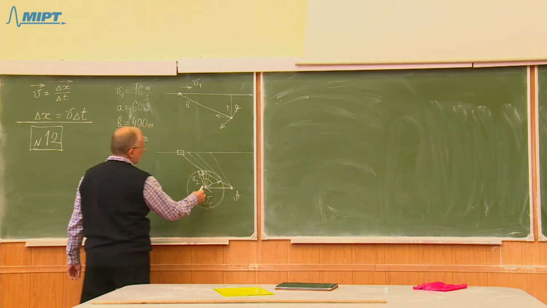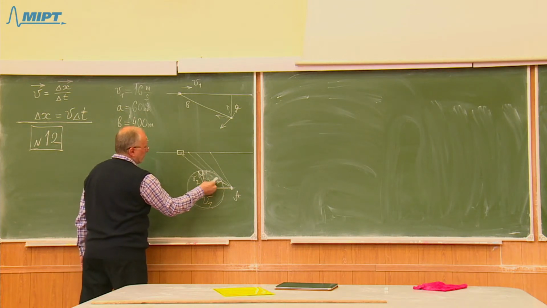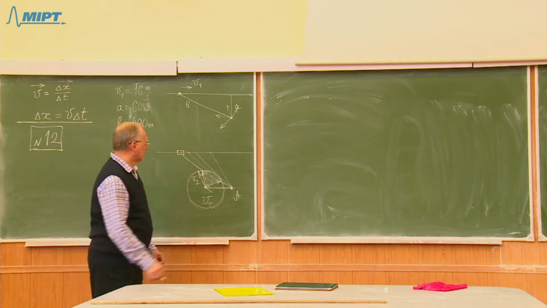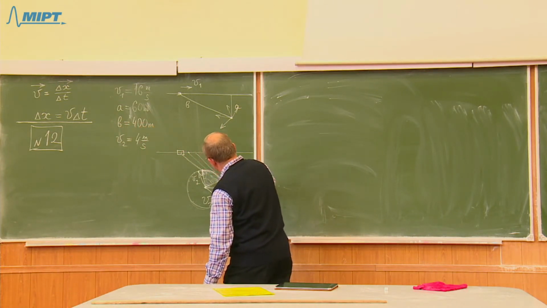So the possible directions are here. That is the geometrical place of all possible directions along which the man can run in order to catch the bus, from this point to this point.